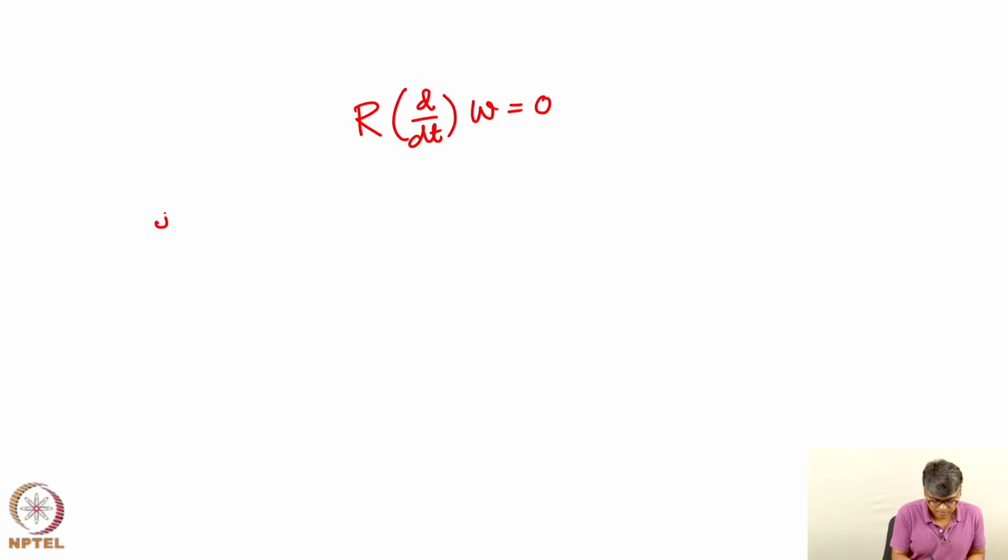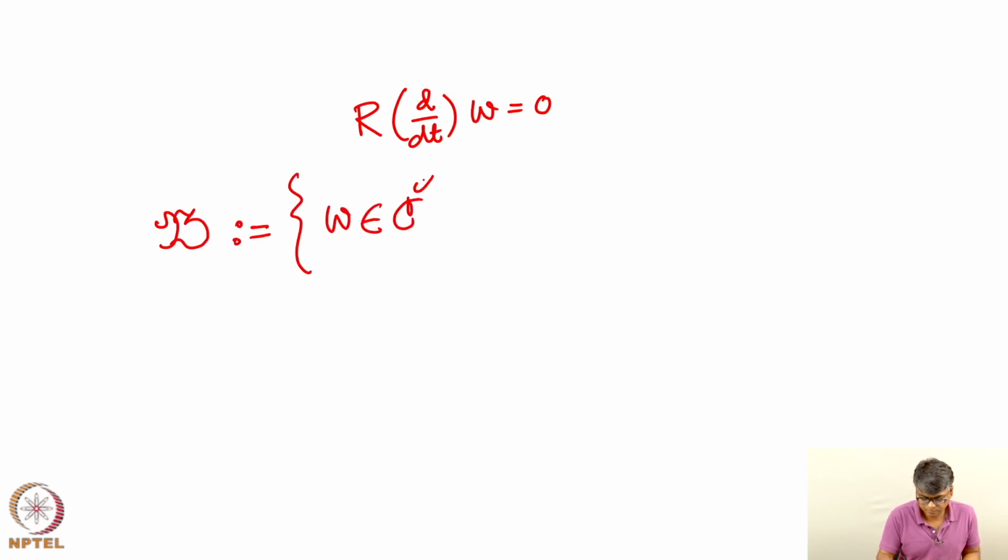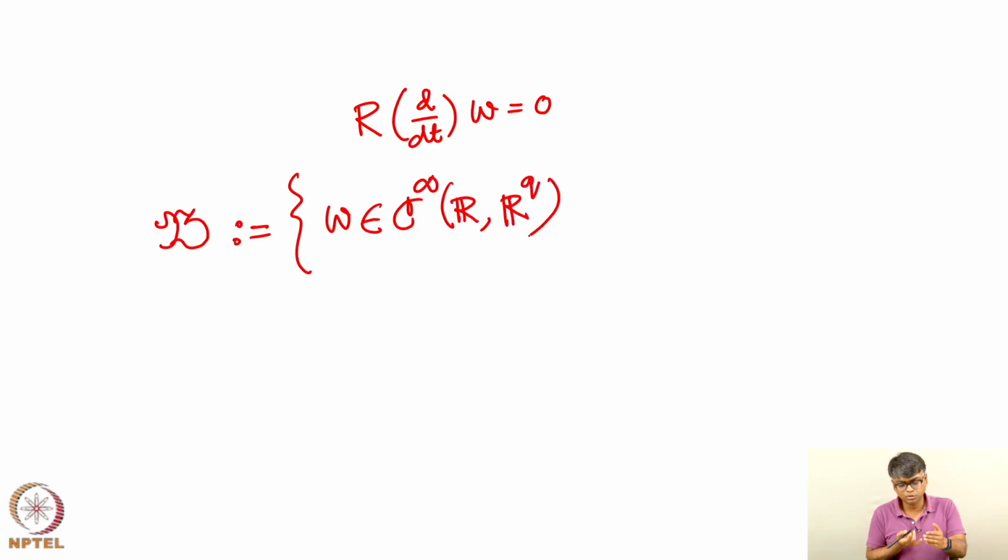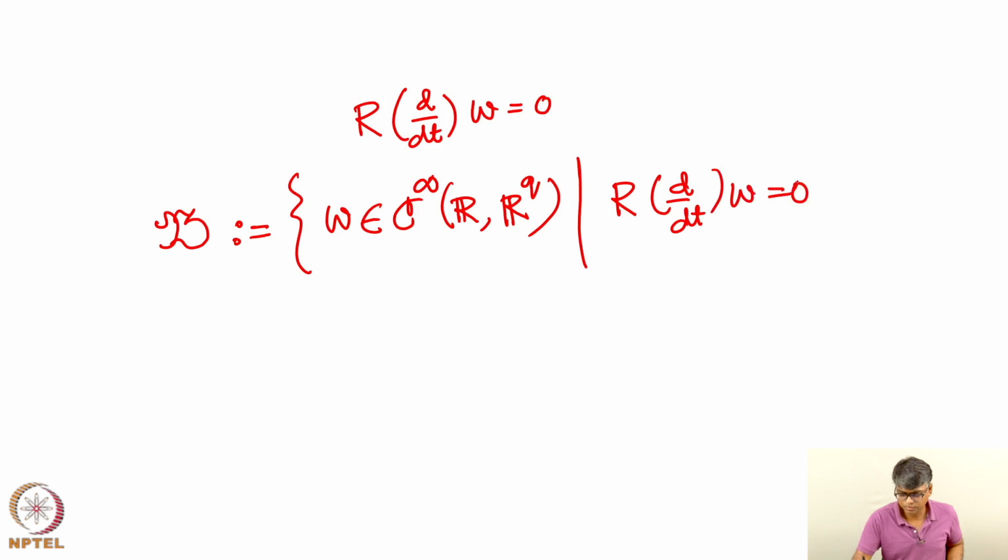So, in that case I can describe my behavior as the collection of all w which are C infinity functions from R to R^Q, the Q tuples of C infinity functions, which satisfy the differential equation R(d/dt) w equal to 0.